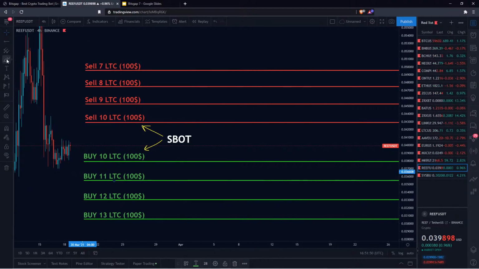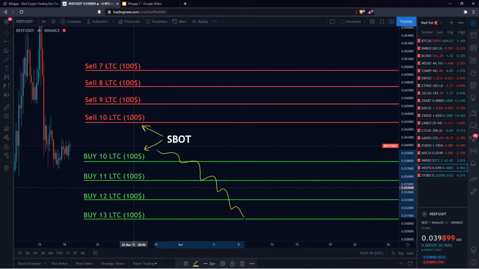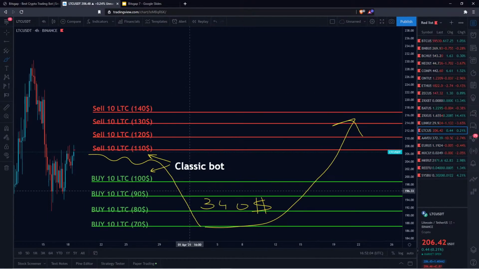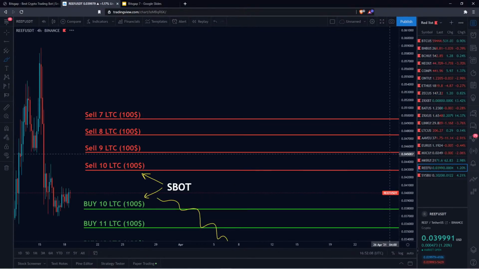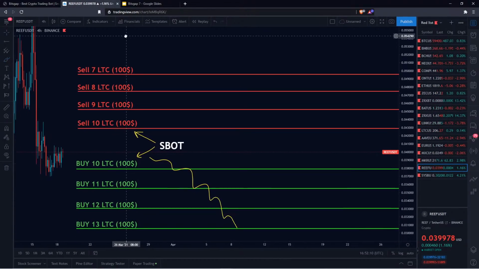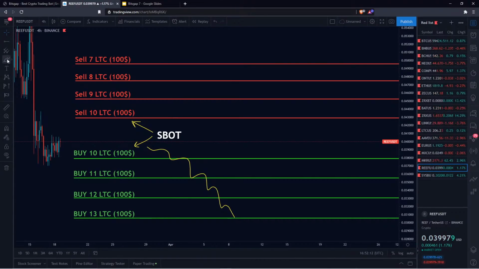Of course, as the price falls, the SBot is able to buy more Litecoins using just $100 because Litecoins are now cheaper, right? So remember that here at ClassicBot we had 340 in total, and in case of the SBot on Reef, this would be 1, 2, 3, 4. This is going to be $400 in this case, right?